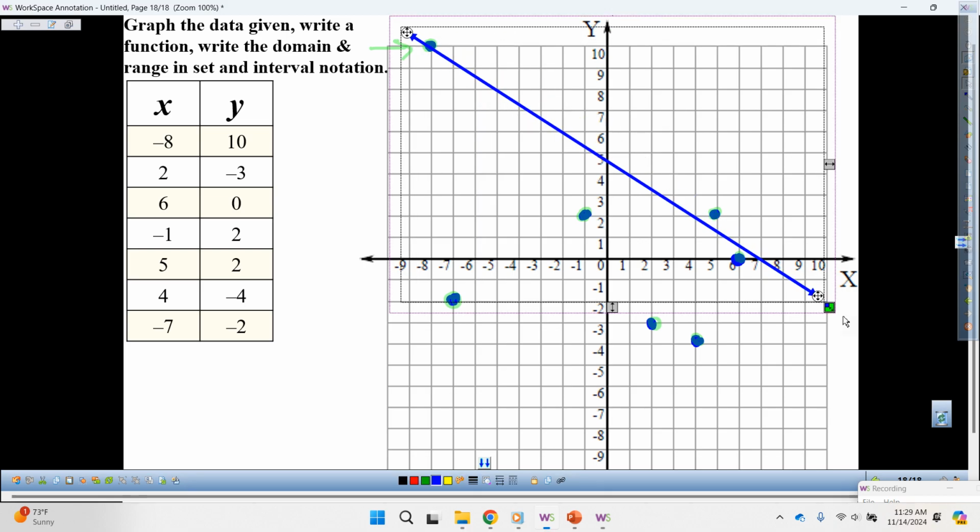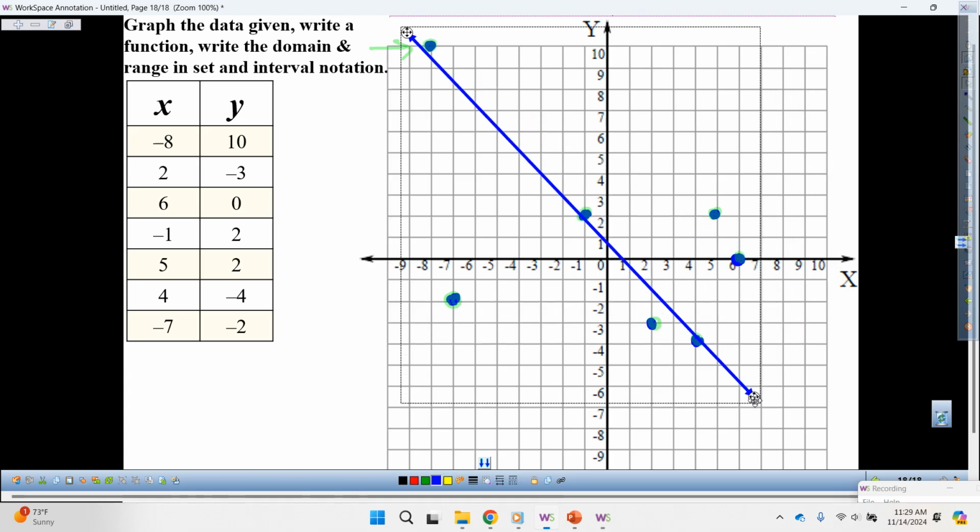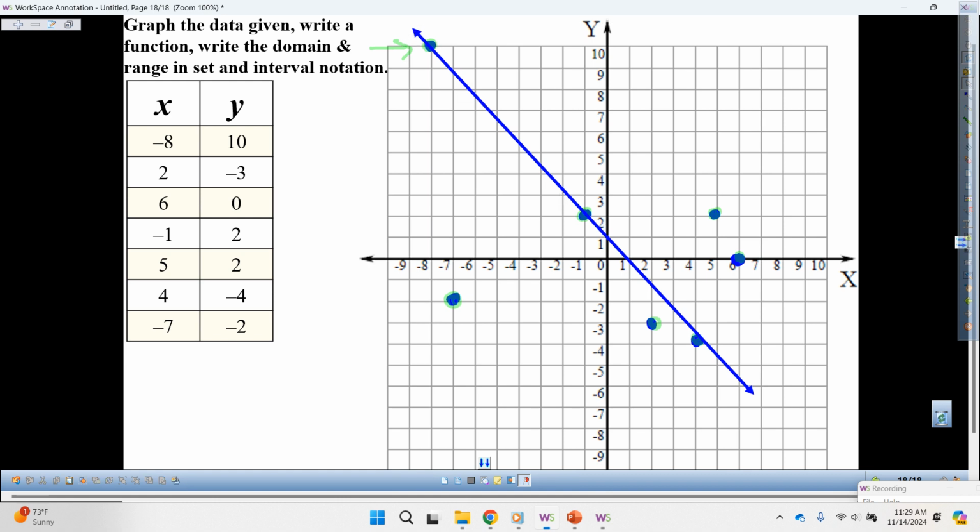What else? 4, negative 4. Hands if you got something like that. That is correct. Let's go. And let's see, it goes through 3 points. How many above? 2. How many below? 2. So find me the equation, please. Domain and range. And send that picture in, please.